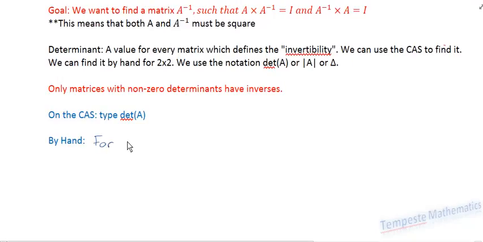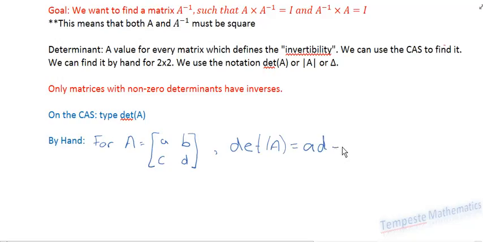For A, which is some teeny tiny 2 by 2, going across the first row A B, across the second row C D, the determinant of A is going to be the product of A and D minus the product of B and C. So AD minus BC.